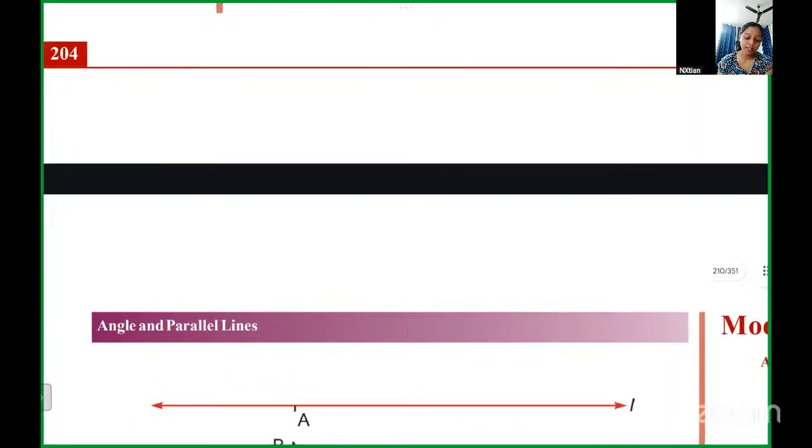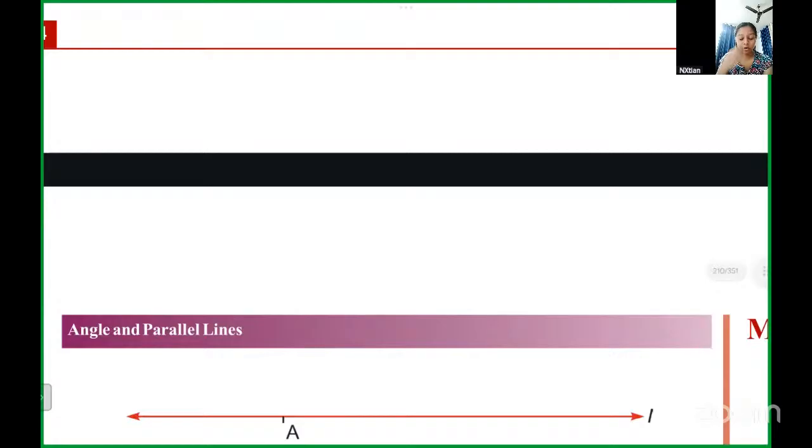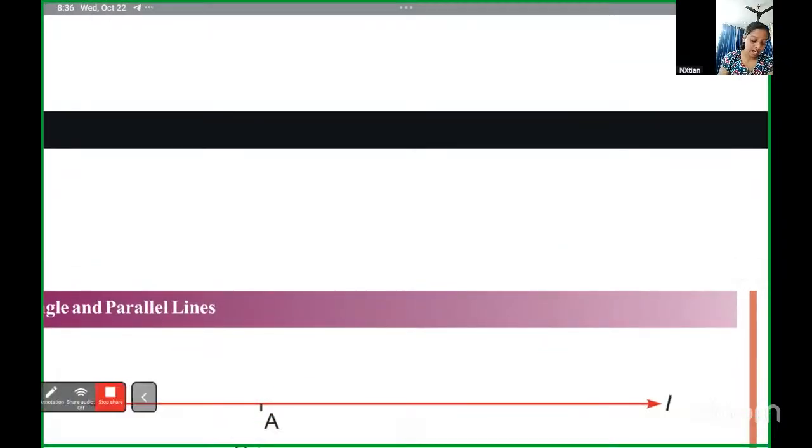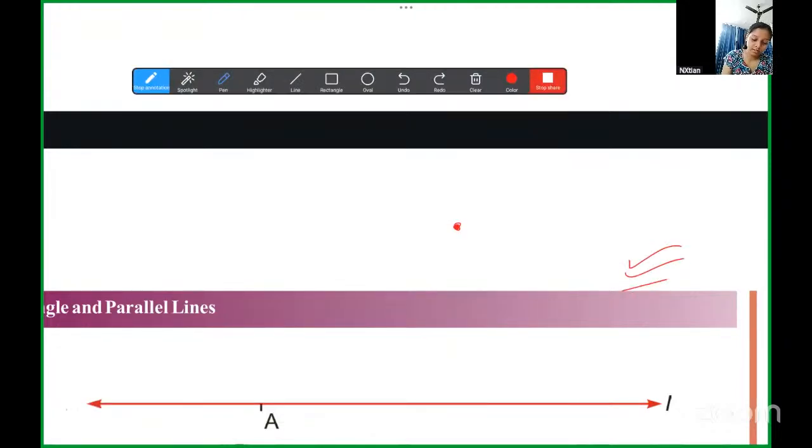Now mark a point A on your line. Look on the screen. This is how it will look. This line is there and point A. Mark a point A on your line.